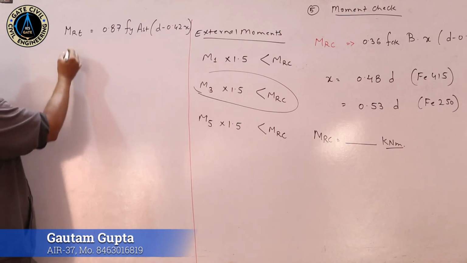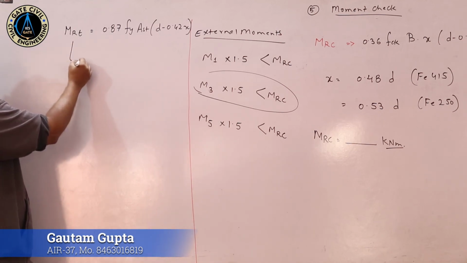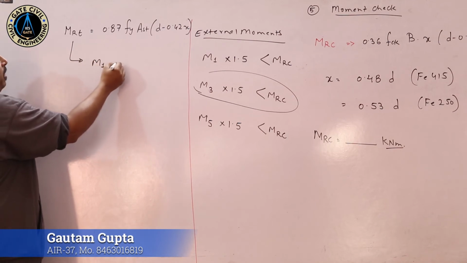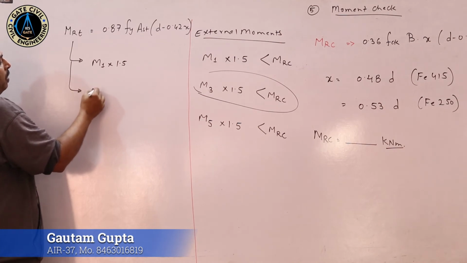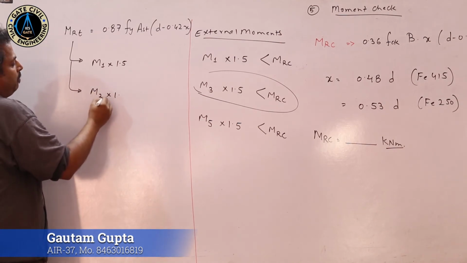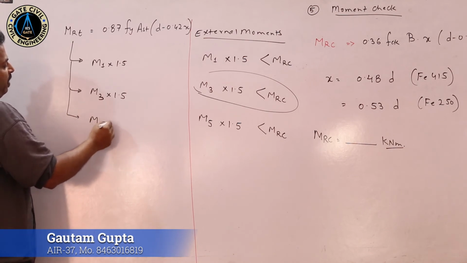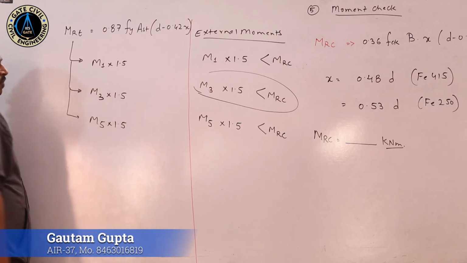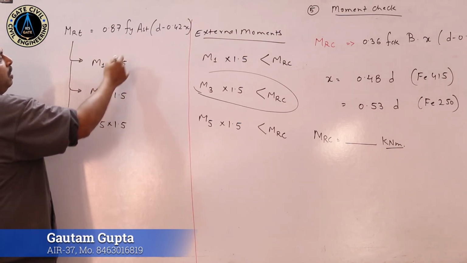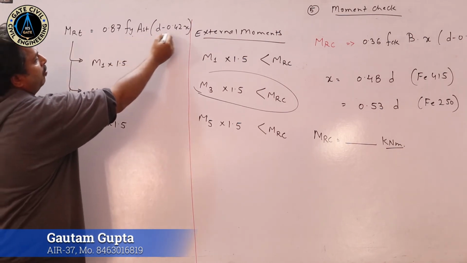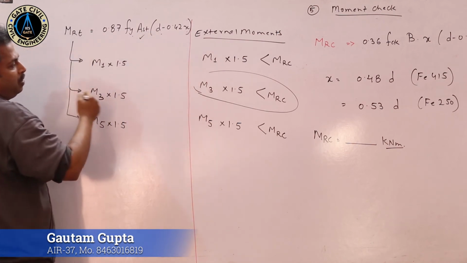For calculation of this, instead of MRT, we will put either M1 into 1.5 or M2 into 1.5 or M3 into 1.5 or M5 into 1.5. And from this equation, Fy is known, d is known, X is known. What is unknown? It is only AST.